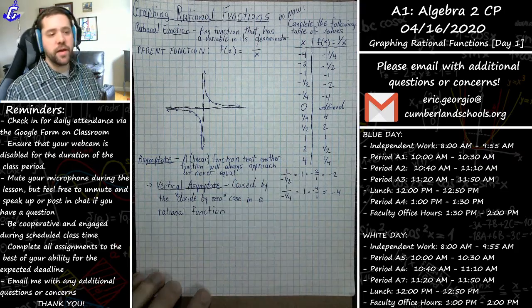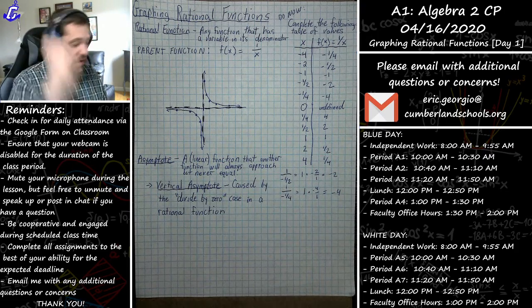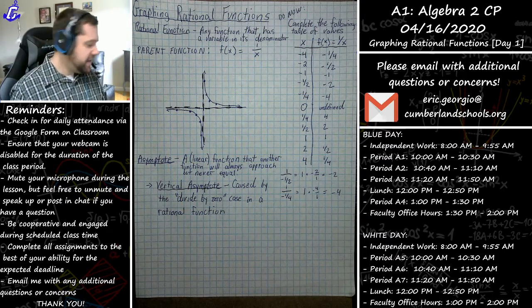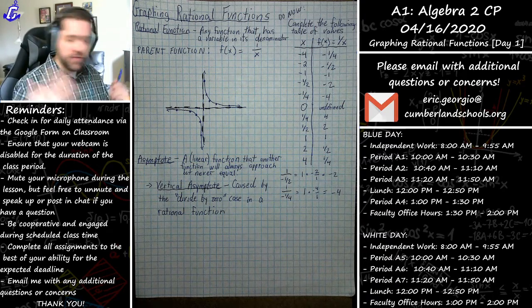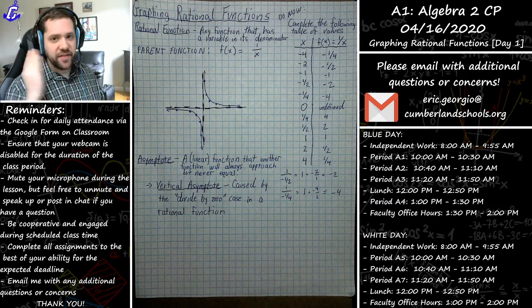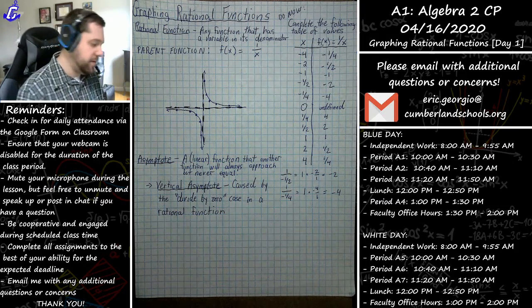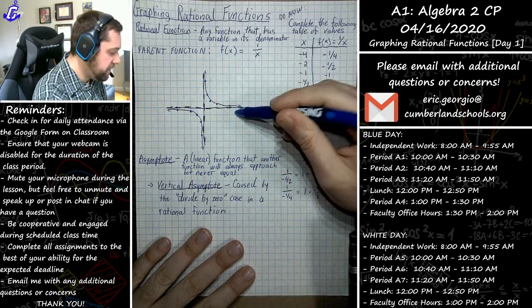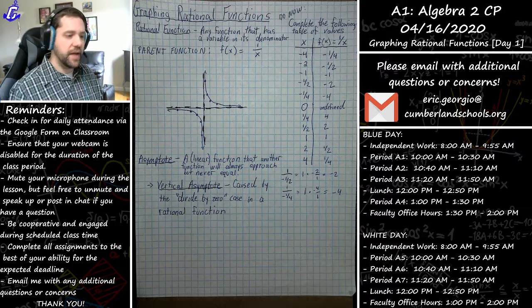Okay? So if I have a value that if I were to plug it into a function would result in dividing by 0, then we can't plug that in at all. It creates this thing called a vertical asymptote, or in other words, this line straight up and down that the function will always approach but never touch.